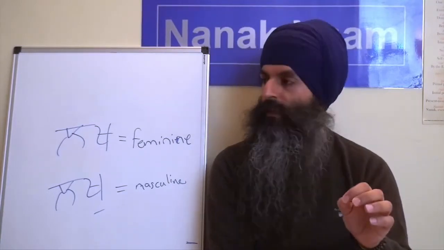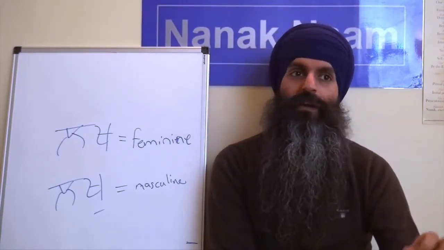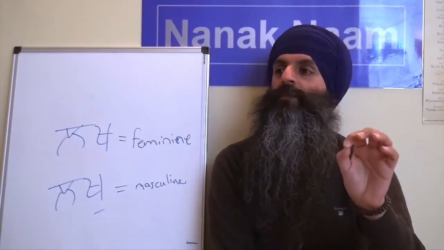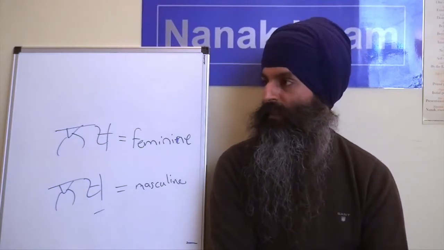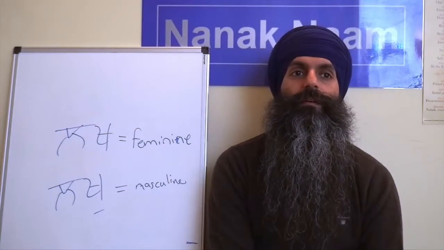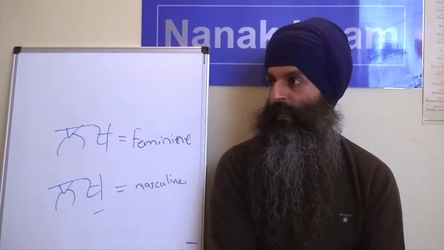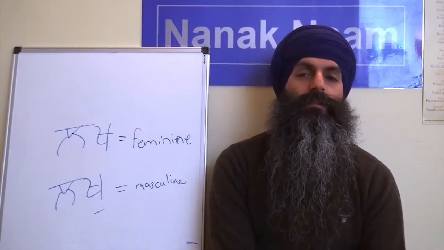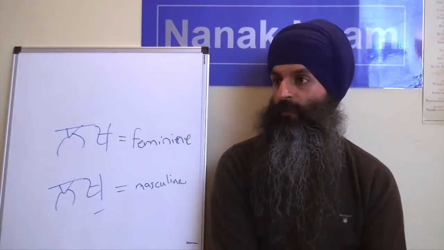In the same way, if the divine has been described as masculine, then it is the husband who is waiting for you to be ready. We always think that we are waiting for God to come. But the analogy here tells us that God is waiting for you to be ready.